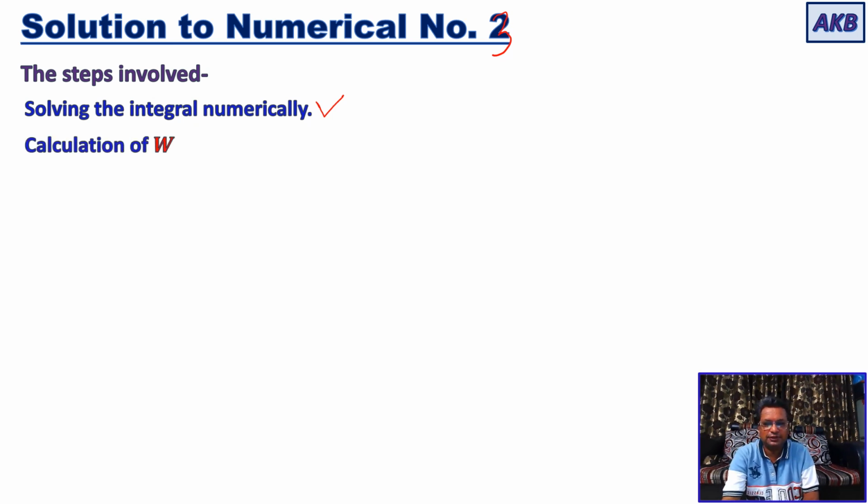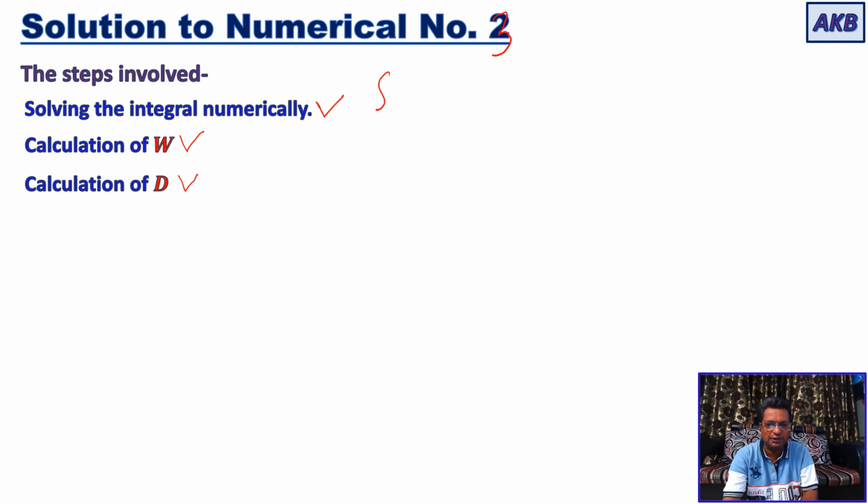Then after getting the integral, we will be using Rayleigh's equation to get W, and then finally we will be using total material balance to get D. 3 steps.